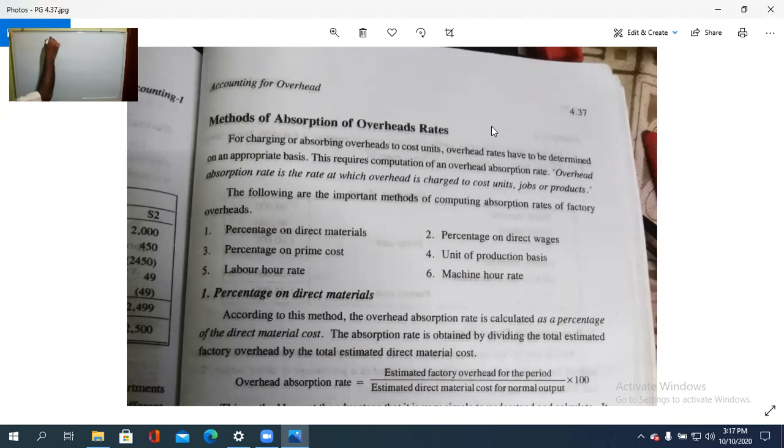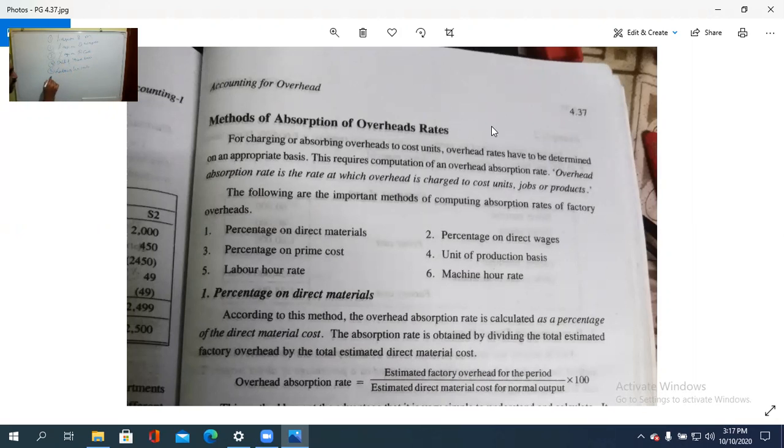One is percentage on direct material. Second, percentage on direct wages. Then percentage on prime cost. Then unit of production basis. Then labor hour rate.